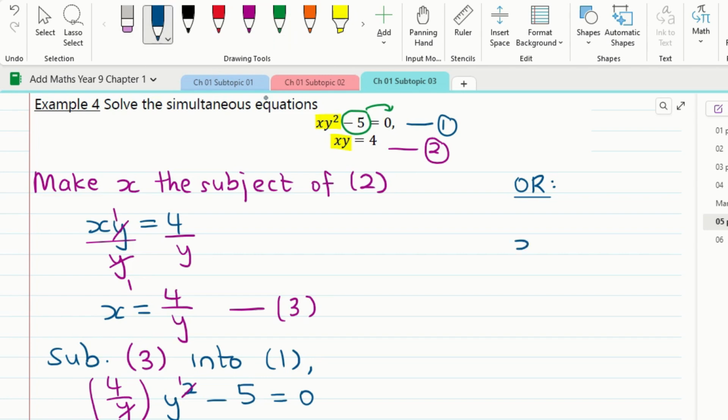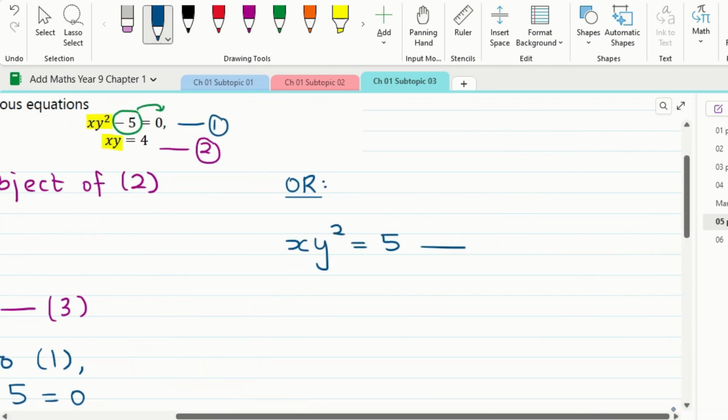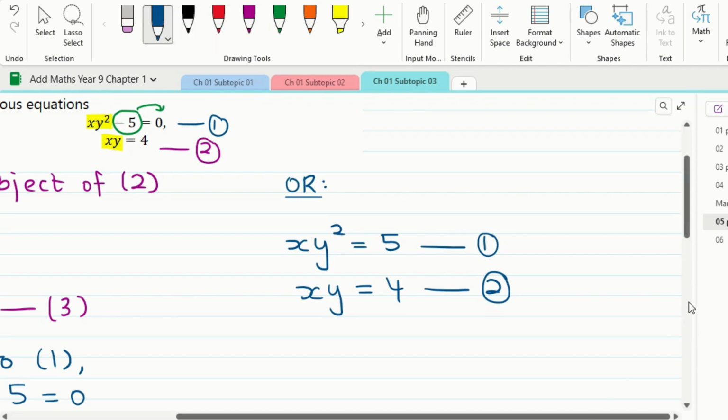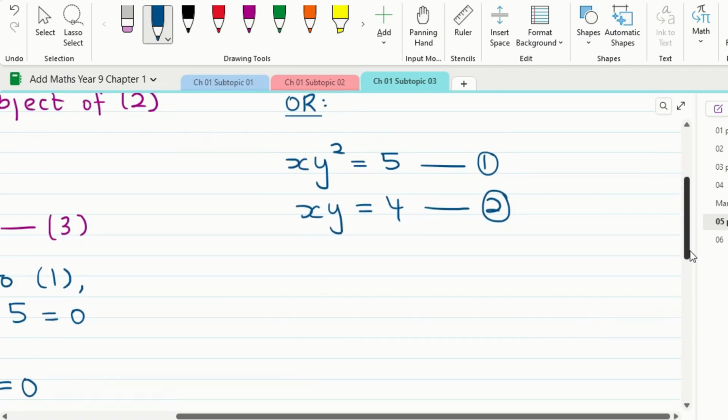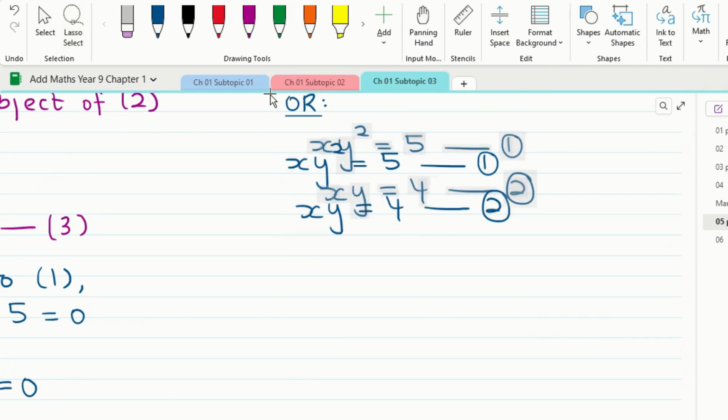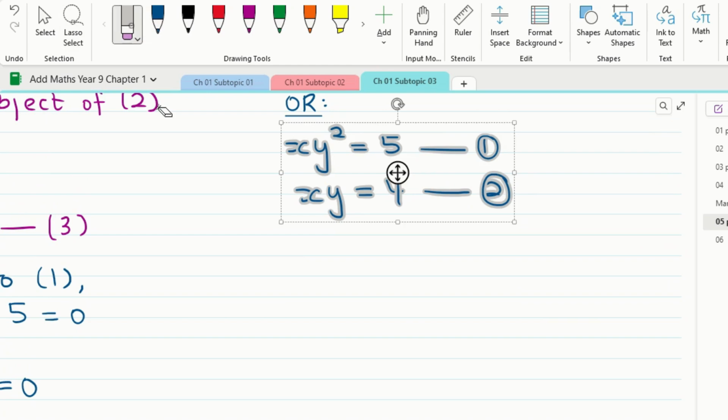So equation number 1 will look like this: xy squared equals 5. Let's set that up as the first equation, and the second equation is xy equals 4. This looks quite similar. The following method is quite new and rarely used, but it might be useful in future topics.